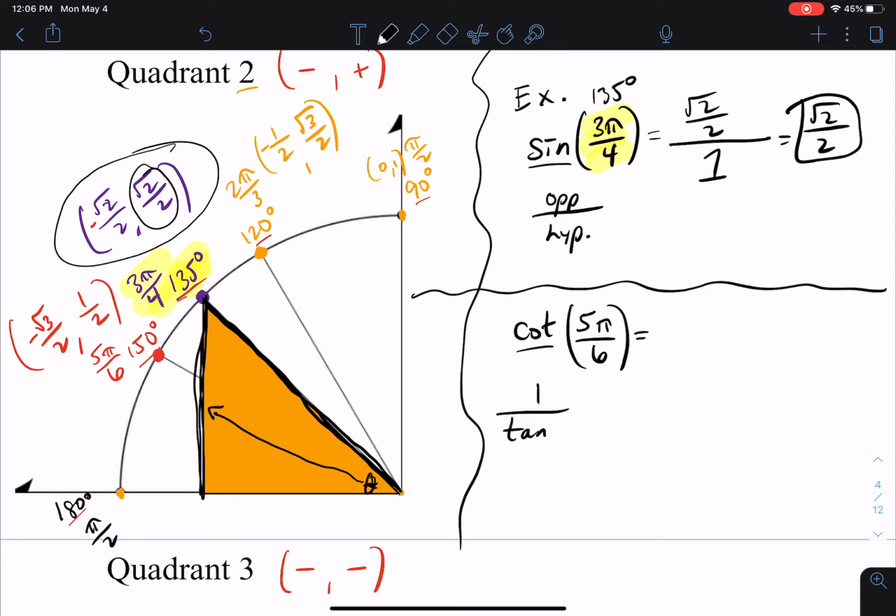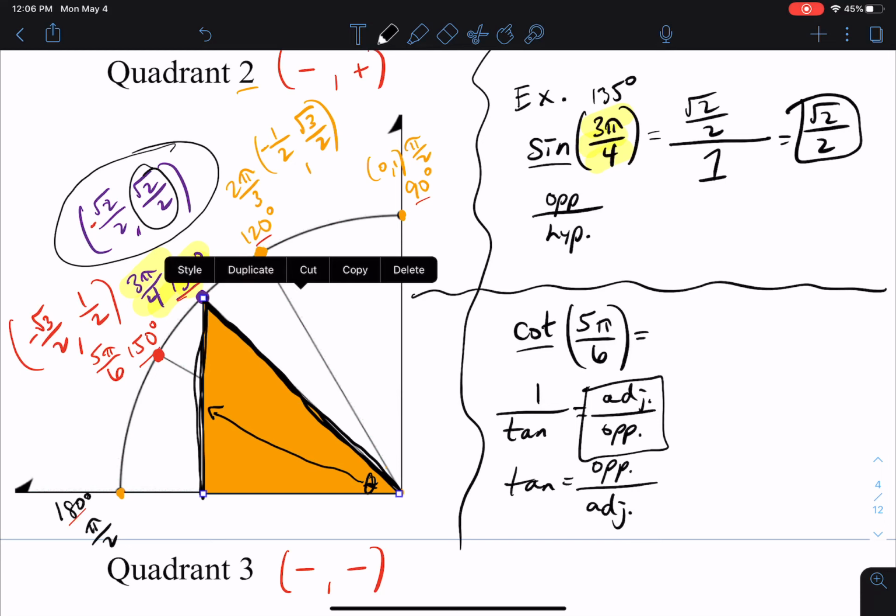To do tangent, it's going to be opposite over adjacent. Well, 1 over tangent means it's just the reciprocal, so it's going to be adjacent over opposite. That's all that means. So that's what we're looking for here.